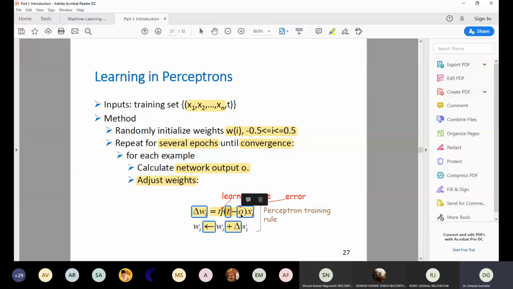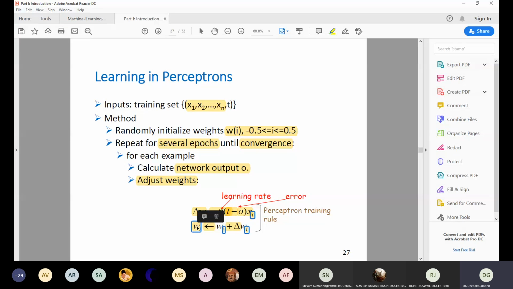So t minus O will give you the error. Then it is multiplied with the particular input xi, and with the learning rate, this will give you the change. This change is added to the previous weight value to get the new weight value.